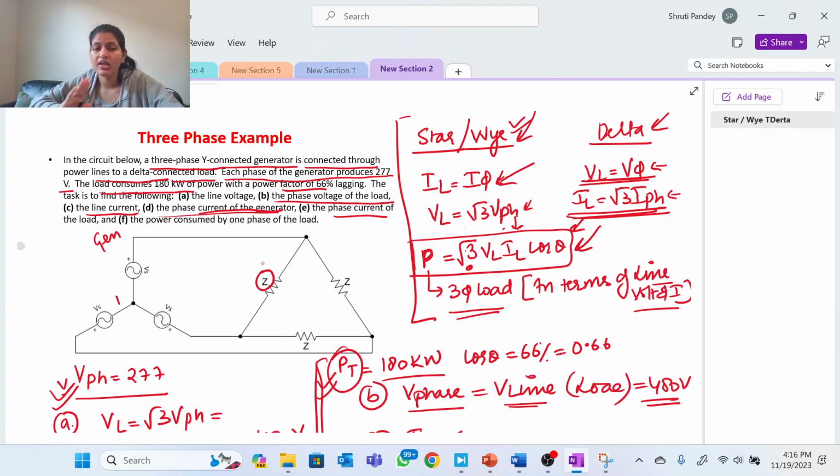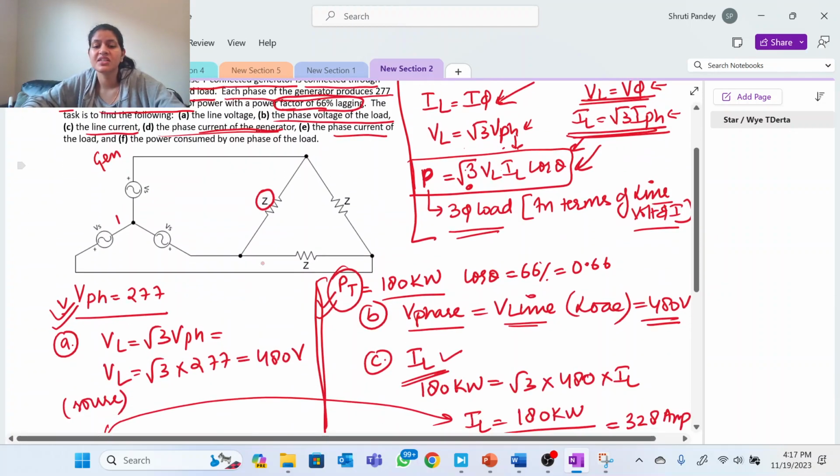This is not a purely resistive circuit. This can be seen in two ways. We can see that impedance is there in the question. It's not only resistance. It has a certain inductor or capacitor element in it. How? We can also see that it says power factor 66% lagging.